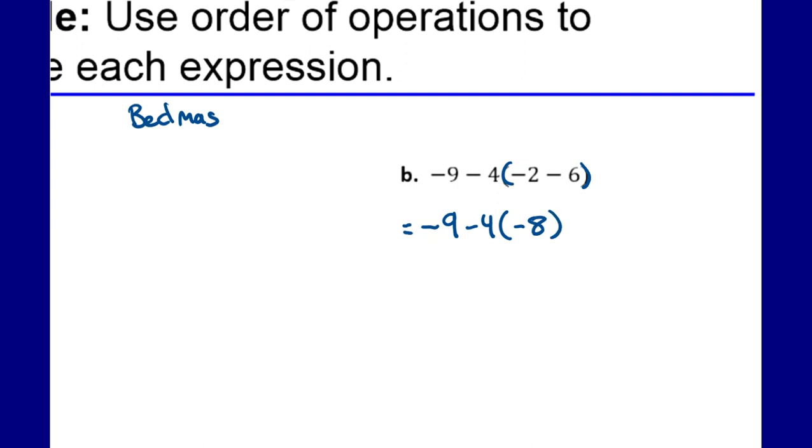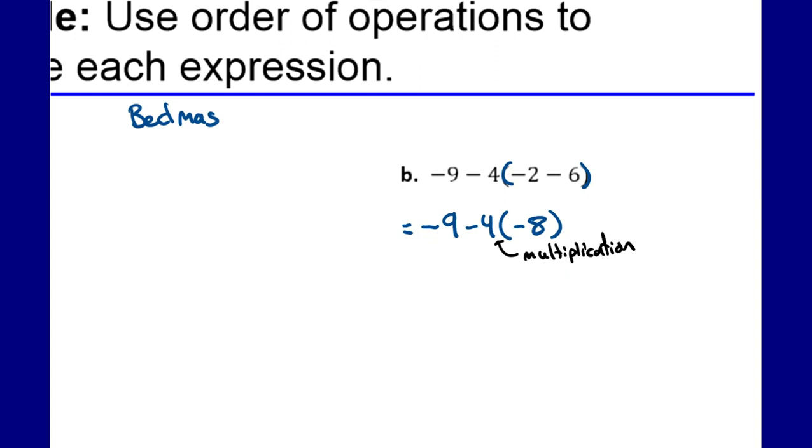Now looking at it, there is a multiplication operation in here. When we have a number and it's right next to a bracket like we see here, it's implied that it's multiplication.